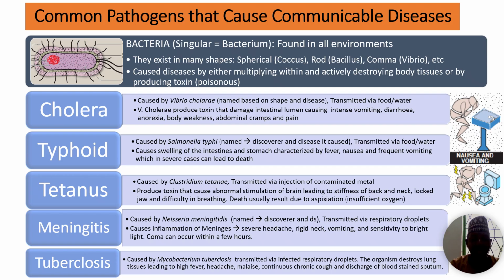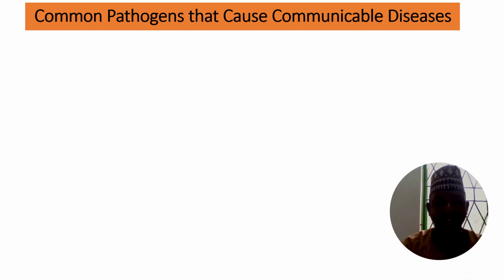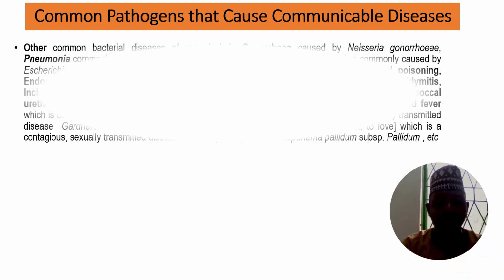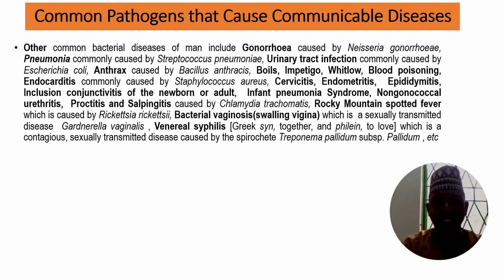So these are some examples of bacterial diseases in the environment. Now we have so many other examples of bacterial diseases in our environment, which include gonorrhea, that is caused by Neisseria gonorrhoeae.